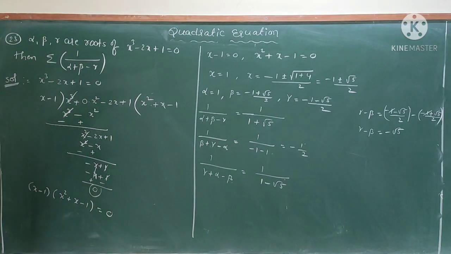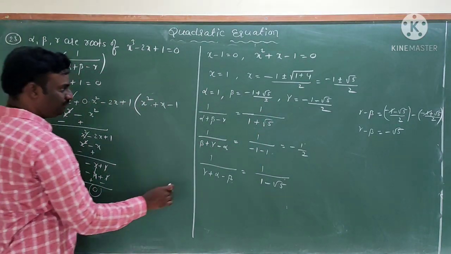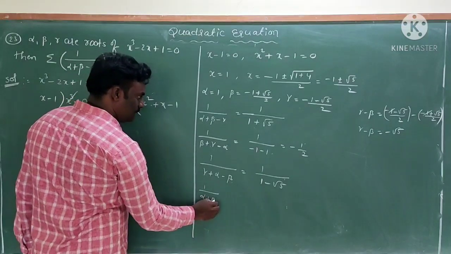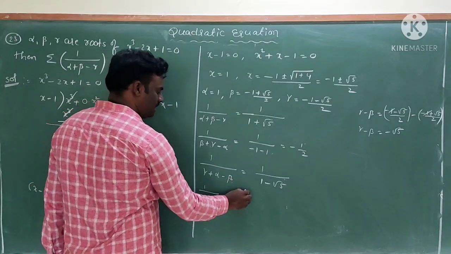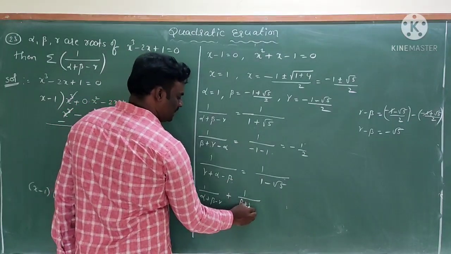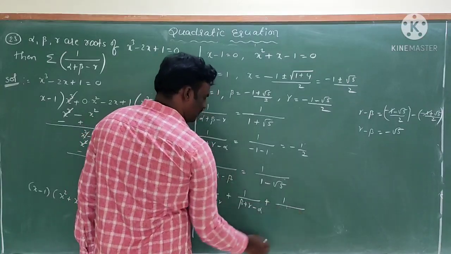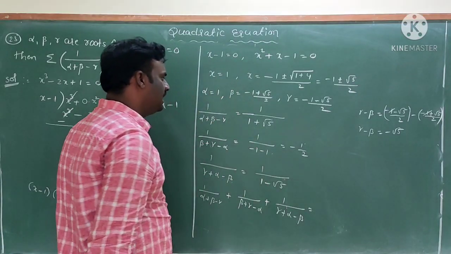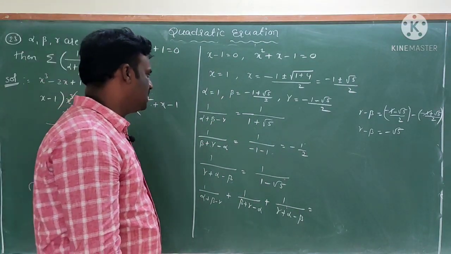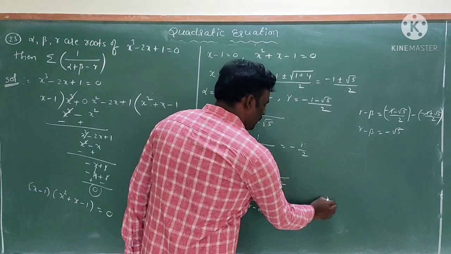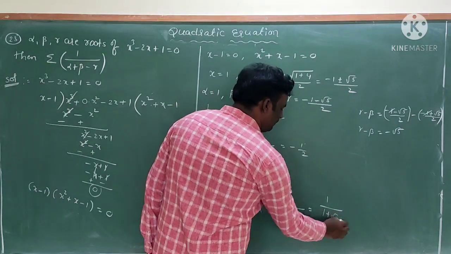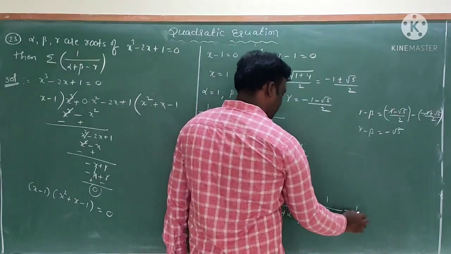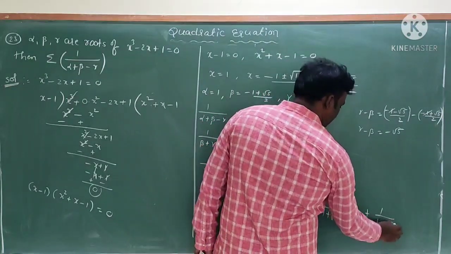Therefore, we got three values. What is the meaning of summation? 1 by the first value alpha plus beta minus gamma, plus 1 by beta plus gamma minus alpha, plus 1 by gamma plus alpha minus beta. We need to add these values. If you add these values, the first value is 1 by 1 plus root 5, the second value minus 1 by 2, the third value 1 by 1 minus root 5.